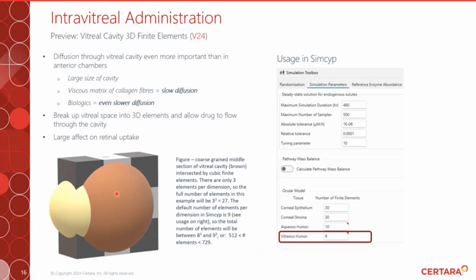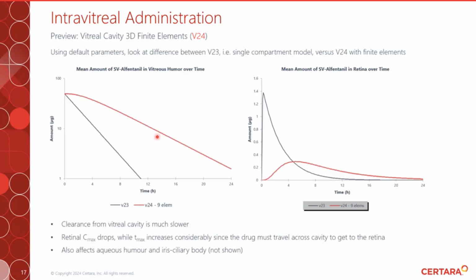So we decided to also model this, especially for the sake of intravitreal injections, to force the compound to actually diffuse through the matrix. And you can see here, especially on the left-hand side, this plot is from version 23, and this is identical. This is just using the default values, just setting up a default intravitreal dose and running it, and the exposure is dramatically different from a time scale.